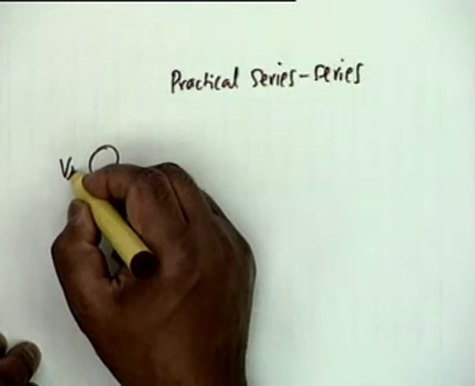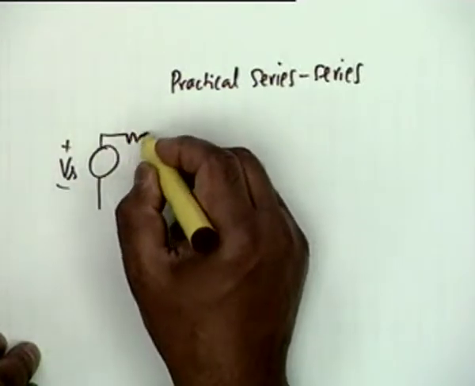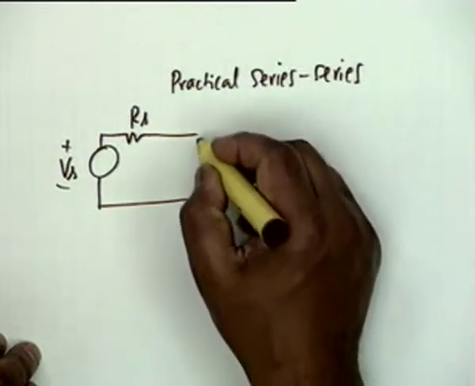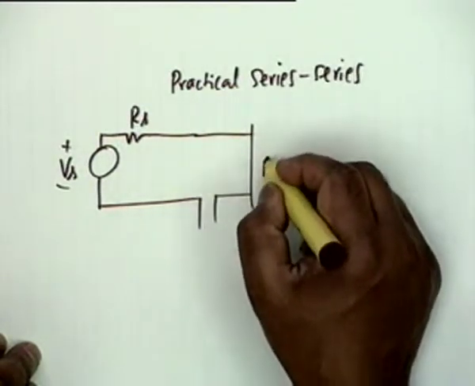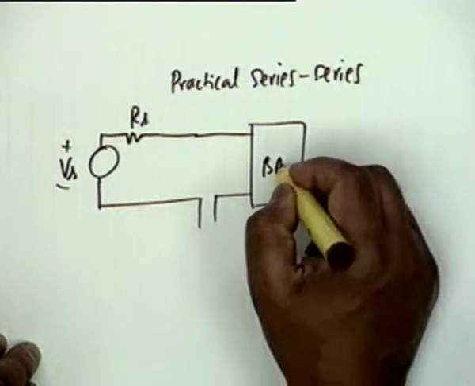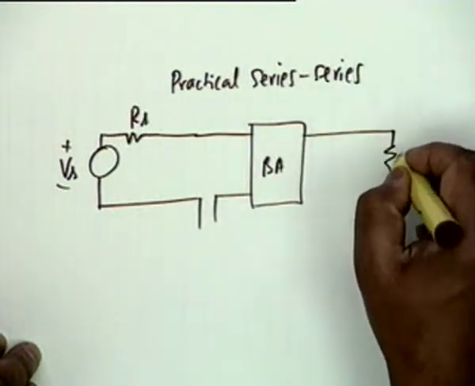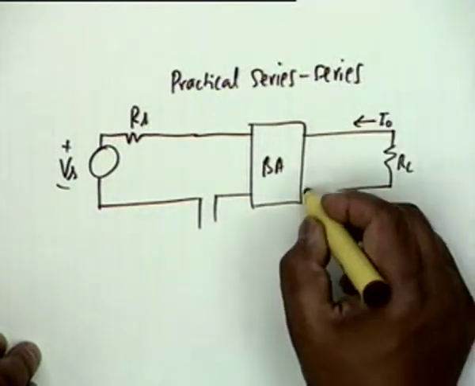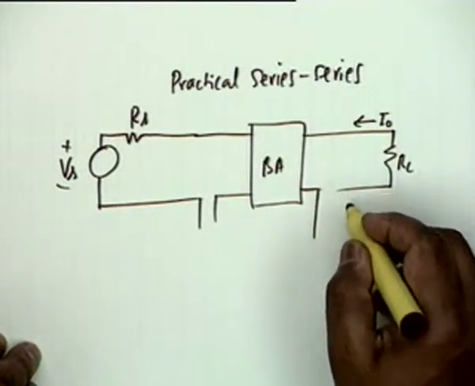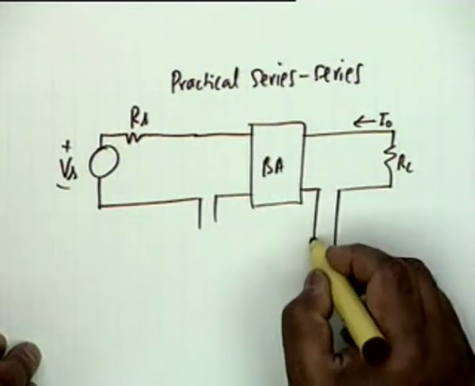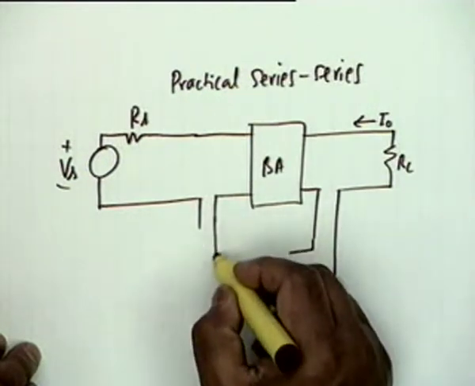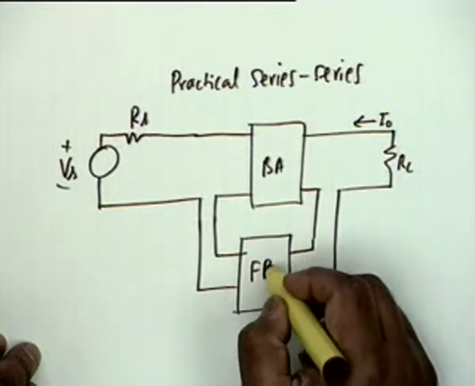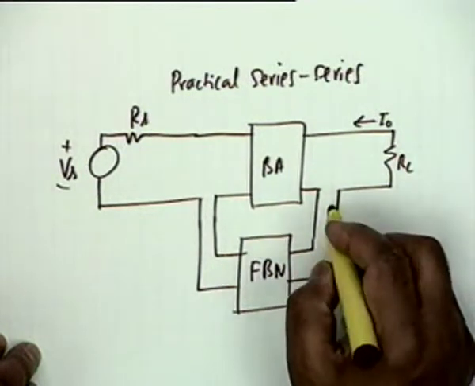We have Vs, Rs, this is the basic amplifier, then we have a load resistance RL, this current is I0 and there is a series comparison, and therefore I have a feedback network like this. This current is I0.